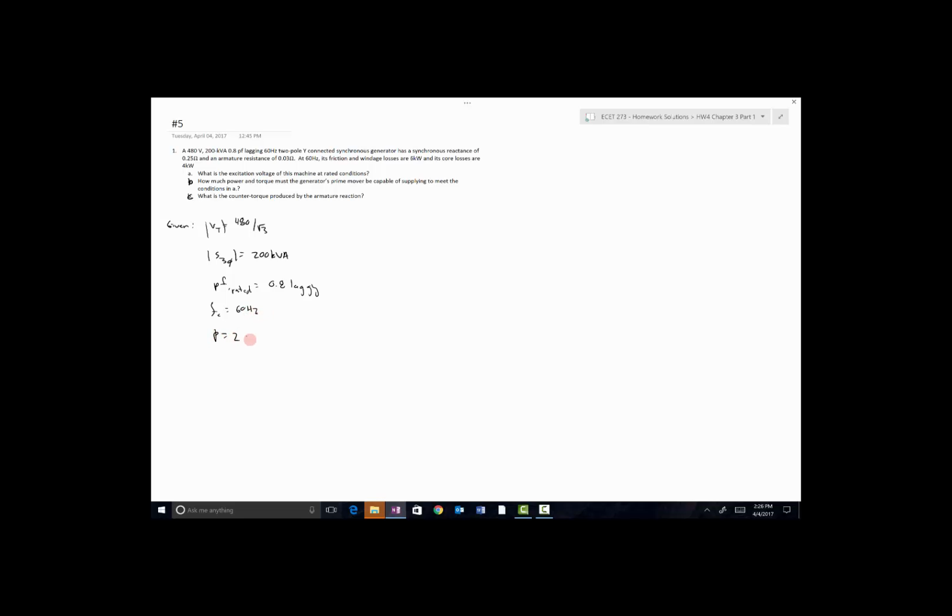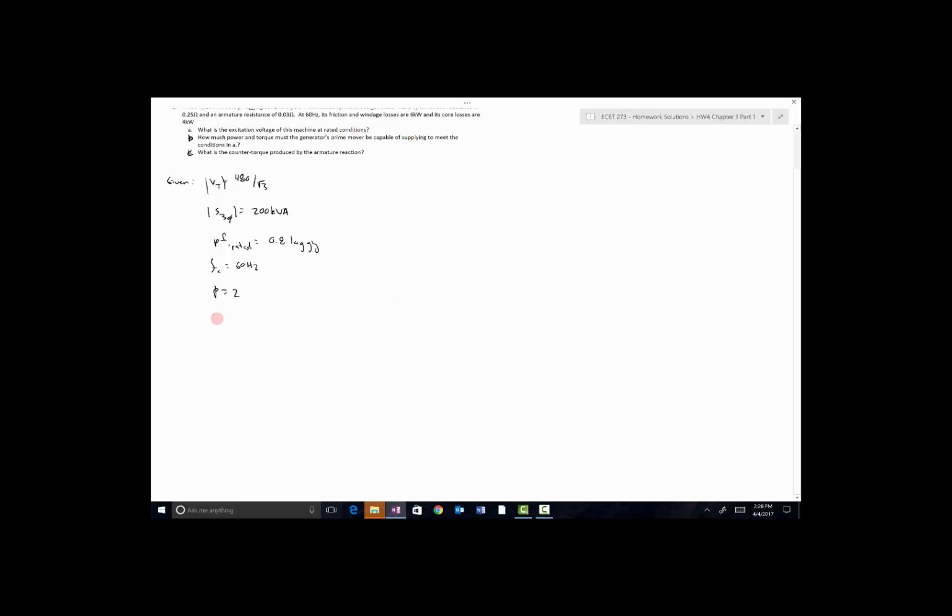The number of poles is 2. The armature reactance is 0.25 ohms. The armature resistance is 0.03 ohms.